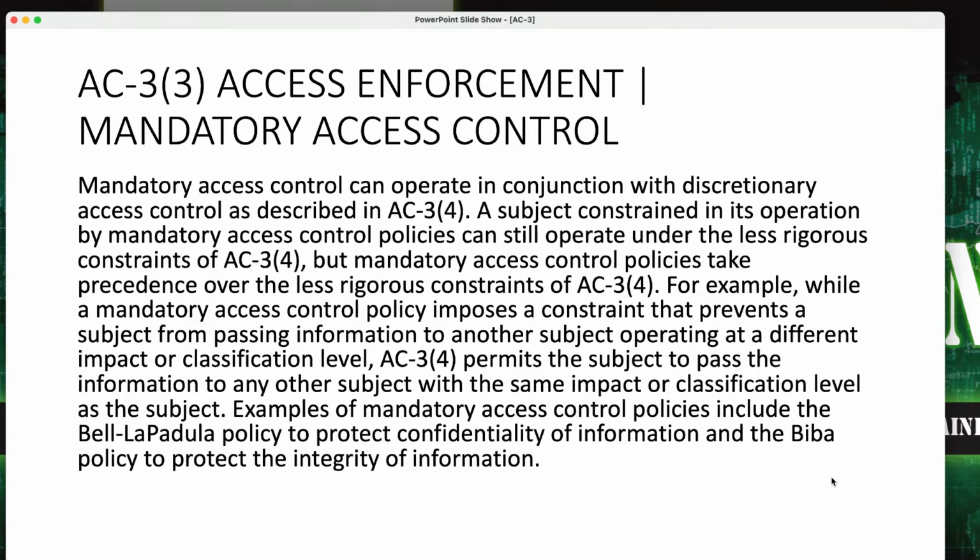So finally, the last slide on this one. Mandatory access control can operate in conjunction with discretionary access control described in the next enhancement, AC-3 Enhancement 4. A subject constrained in its operation by mandatory access control policies can still operate under less rigorous constraints of AC-3 Enhancement 4, but mandatory access control policies take precedence over the less rigorous constraints of AC-3 Enhancement 4.